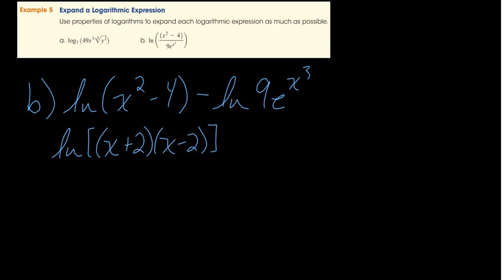Anyways, and then minus. It looks like we can pull that. Oh no, I didn't even expand that all the way. Before we get too far here, let's go ahead and expand this all the way. Because it is a 9 times e raised to the x cubed power, right?